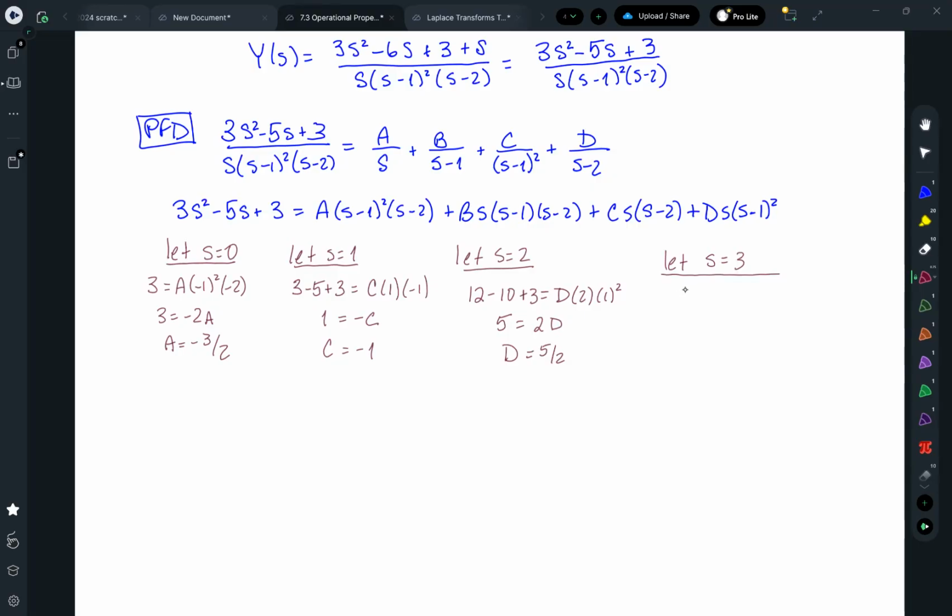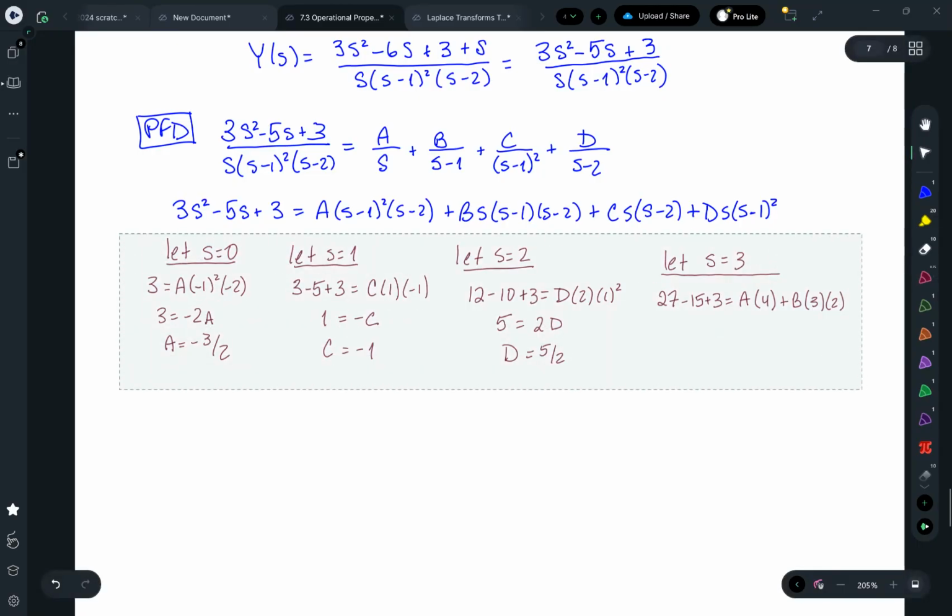When I plug in 3 on the left, I have 3 times 9, which is 27, minus 15 plus 3. On the right, I have a times, plugging in 3, 3 minus 1, which is 2, all squared is 4, times 3 minus 2 is 1, plus b times 3, 3 minus 1 is 2, and 3 minus 2 is 1.